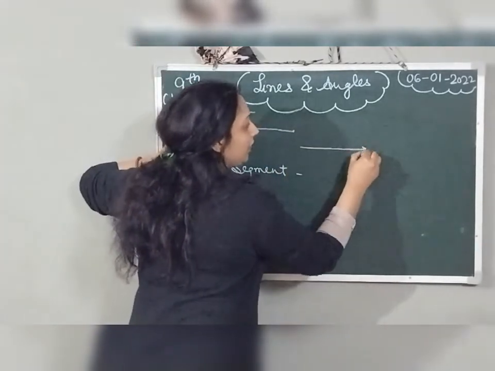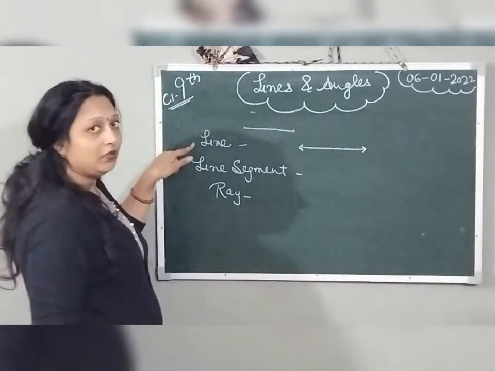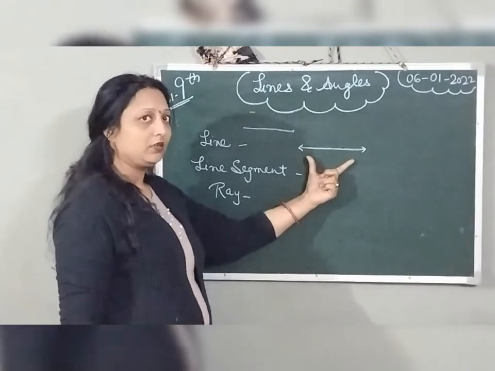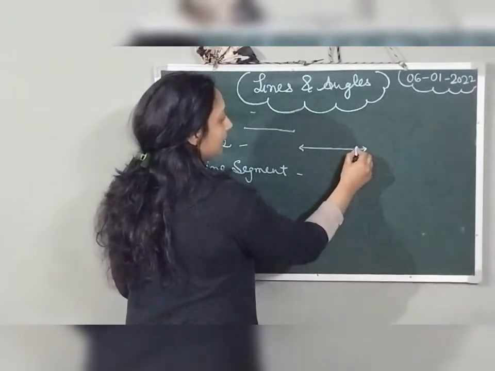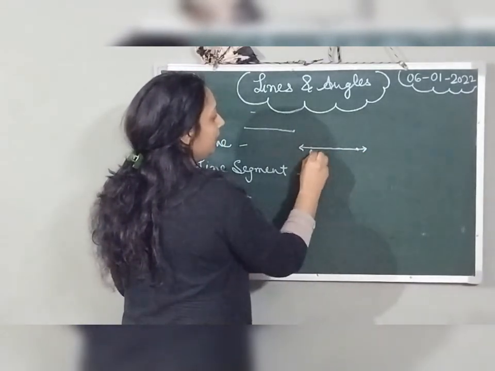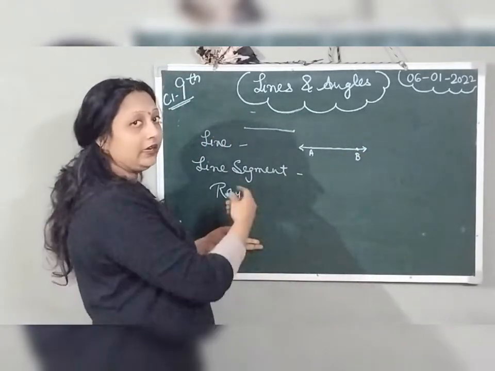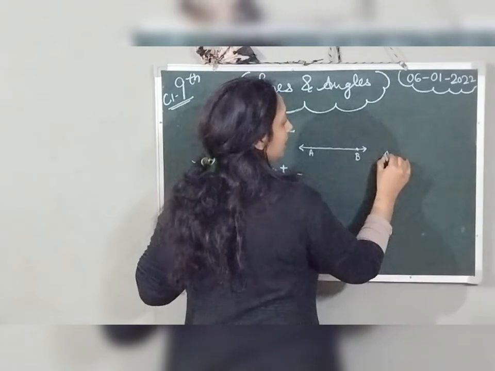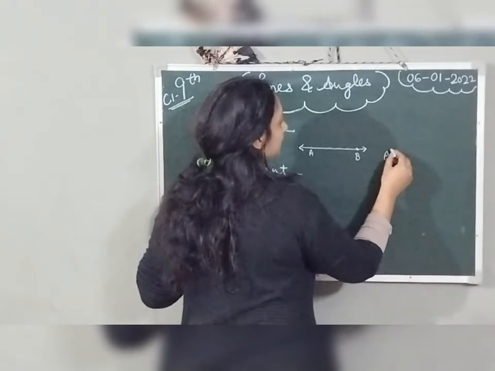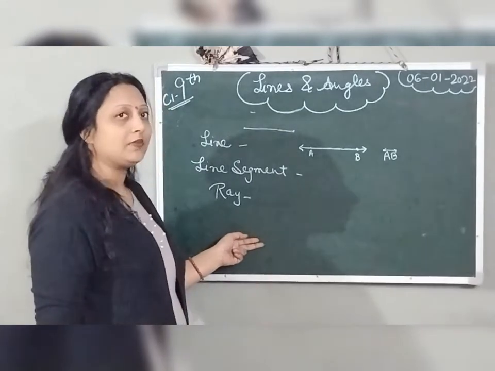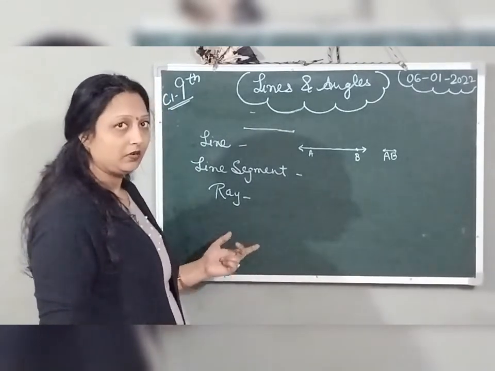So it can be denoted like that. I can give it the name AB, the line AB. This is the symbol to represent the line.